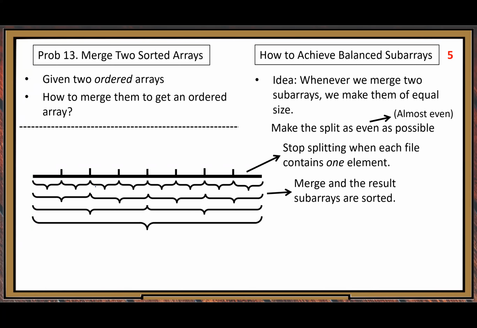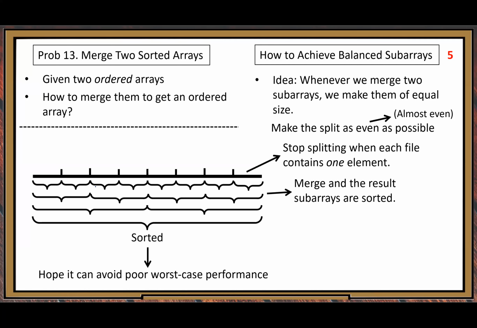Next, we just need to implement it. We fill in all the details for this idea. And because we do even split for our data, we can expect to have pretty good worst case efficiency.